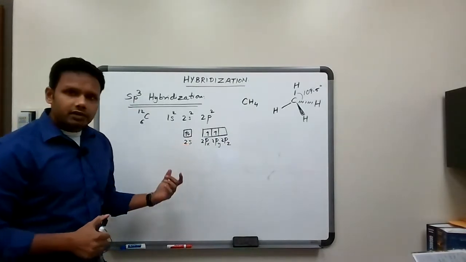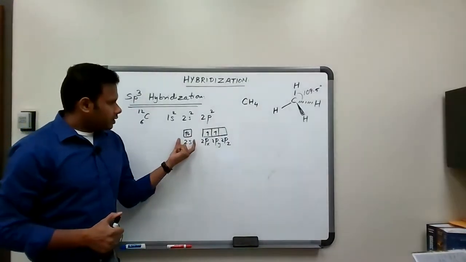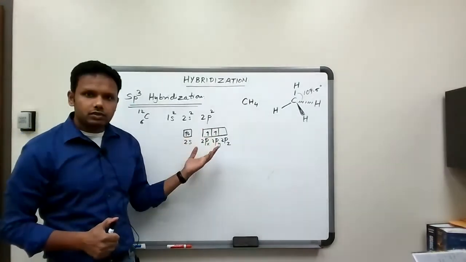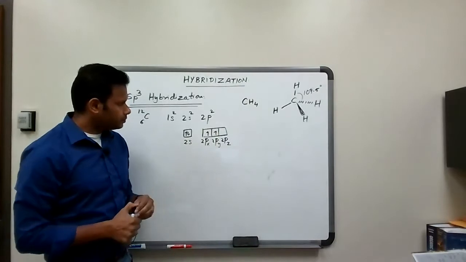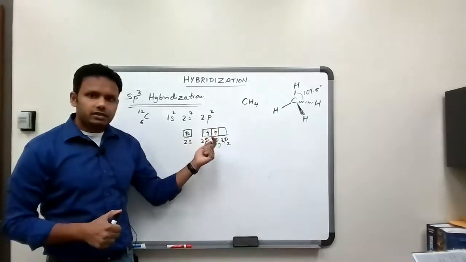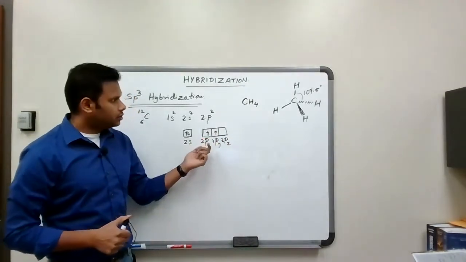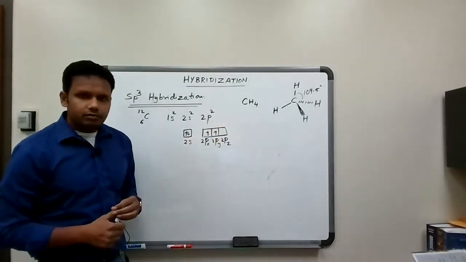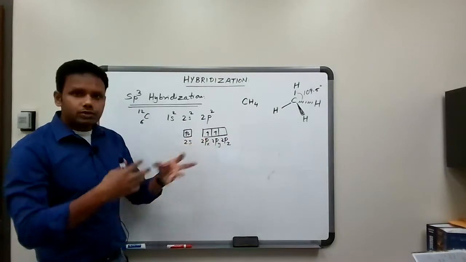So we have a carbon with 4 valence electrons, and it needs 4 additional electrons to complete its octet. So it has to share electrons.